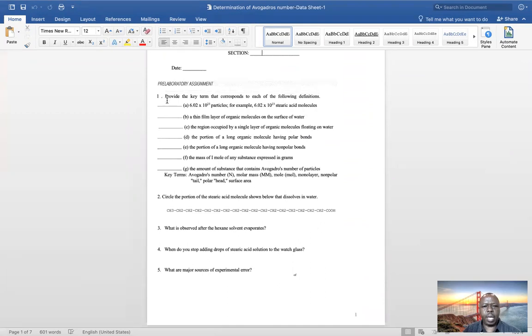For example, here, you can use the terms down here, select molar mass, to fill in the information for these questions. You read the background to understand the circle, the portion which is dissolved in water. Unless you read the background, you're not going to understand this. So I want you to read and understand what it's all about.